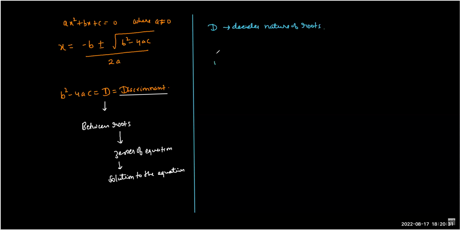So D comes under root, right? And we know that, can we find the root of a negative number? What is the value of root of minus 3? Can we find it? No. So this is like a non-real number, which means we are not going to get any realistic answer.